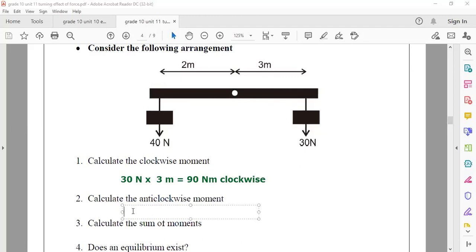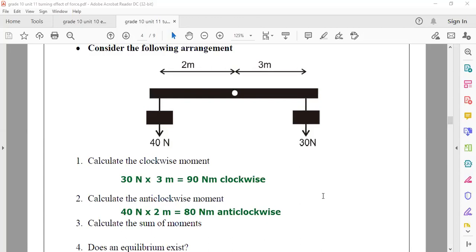That is 40 Newton into 2 meter, 80 Newton meter anti-clockwise. Correct? Yes, sir.